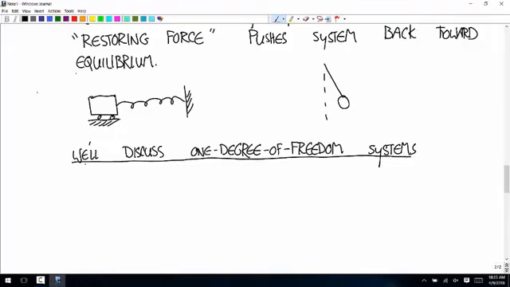But if you can represent the position with one variable, that's a 1 degree of freedom system. And we're going to start with free vibrations.